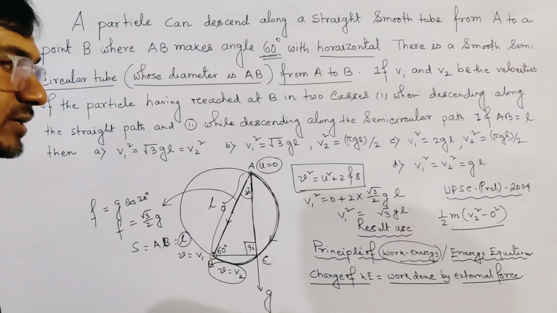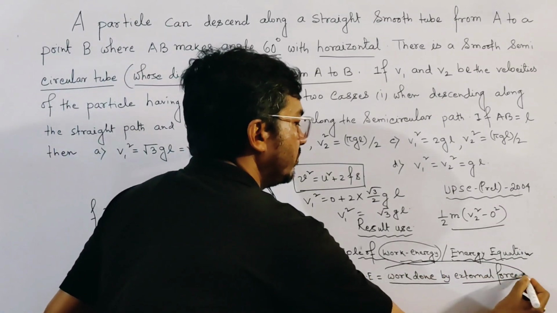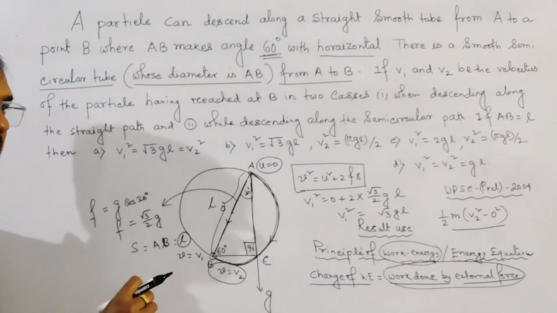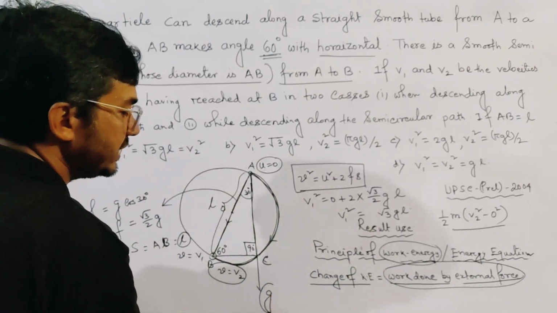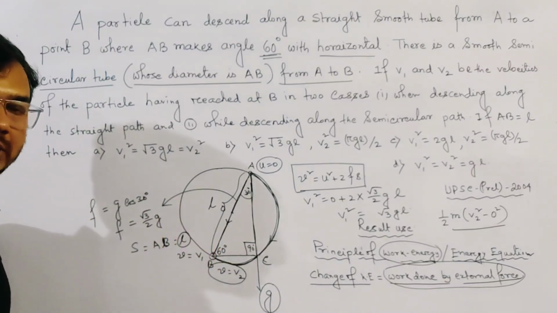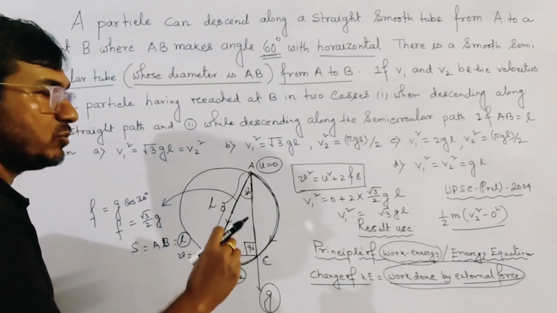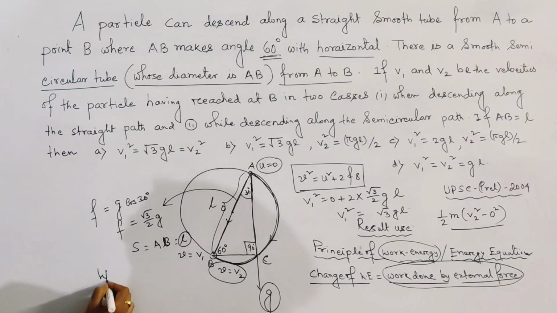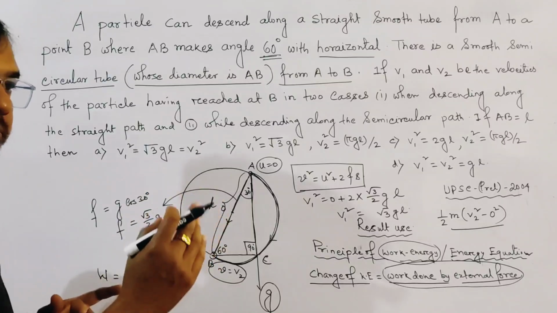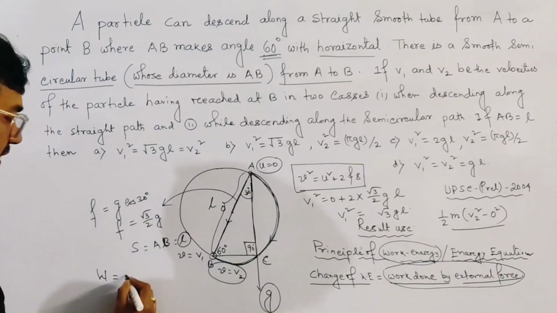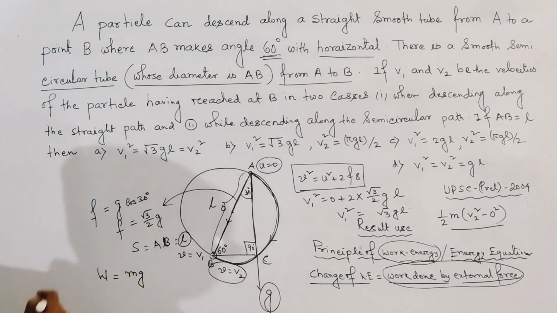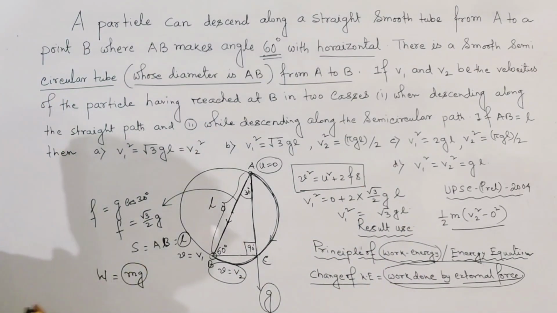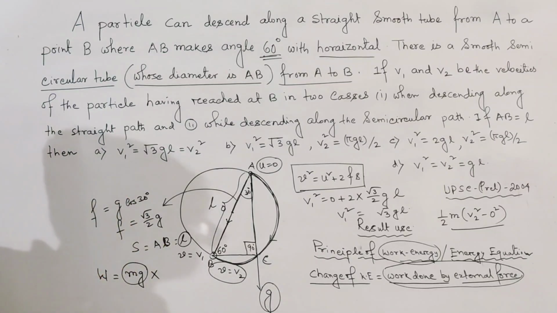Now we have to find the work done by the external force. What is the external force? The external force is gravity; only the gravitational force acts here. Work done W is equal to force into displacement. Here the force is mg, because we take the mass as m, into the displacement.